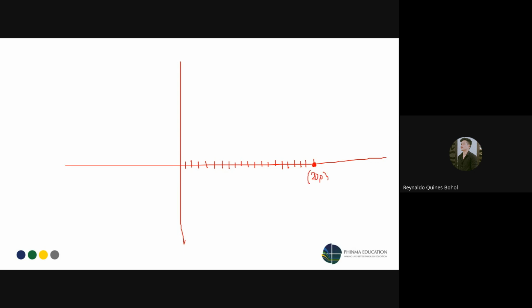So yung 20, 0 is nasa right side siya. 1, 2, 3, 4, 5, 6, 7, 8, 9, 10, 11, 12, 13, 14, 15, 16, 17, 18, 19, 20. So nandito si 20 and 0.